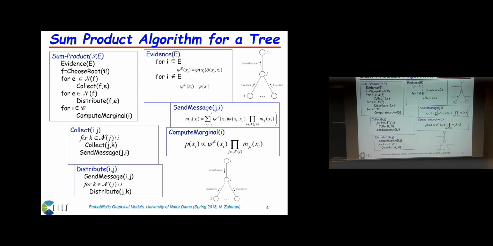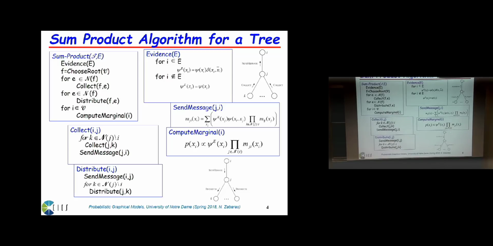You start from the root, and then you go one step down at a time until you're at the bottom and you can start collecting messages. So you don't have to write any fantastic algorithm. This is the whole algorithm for collecting the messages. To be able to send a message from j to i, you need to have all the incoming messages arriving at node j. So this is the collect.